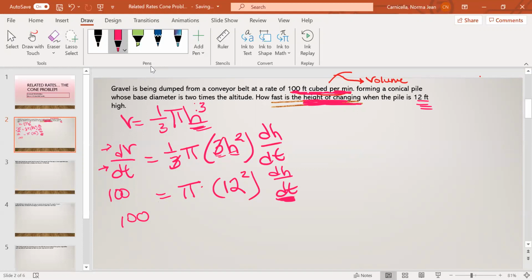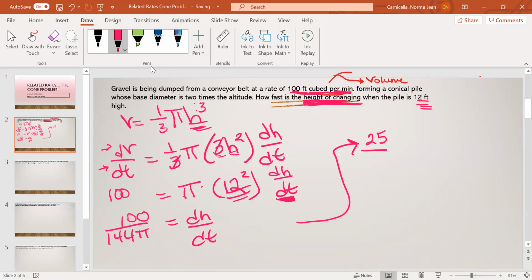This is 144 pi, so I divide both sides by 144 pi. That equals dH/dt. And that reduces, and you can work it out in your calculator. I'm not going to do it this time, but that reduces to 25 over 36 pi.